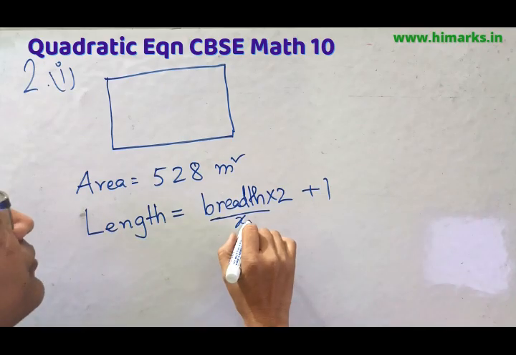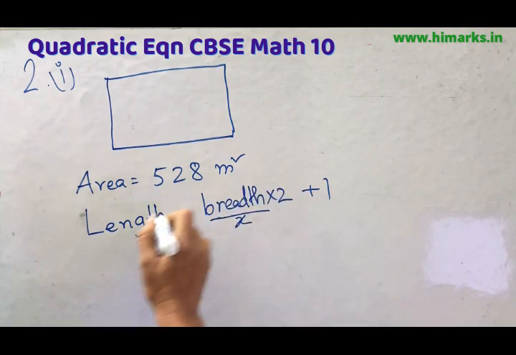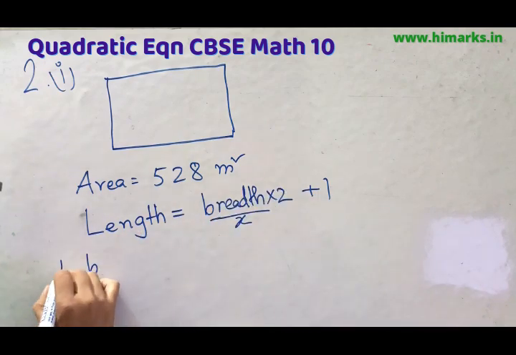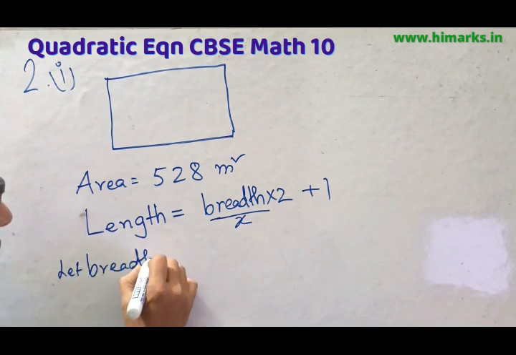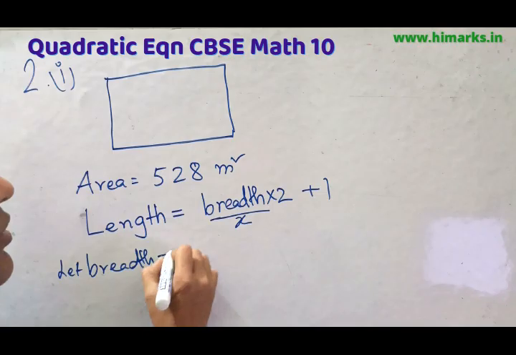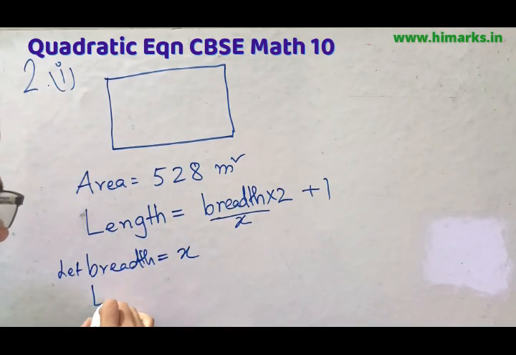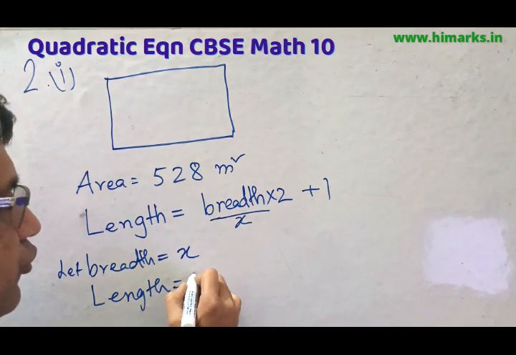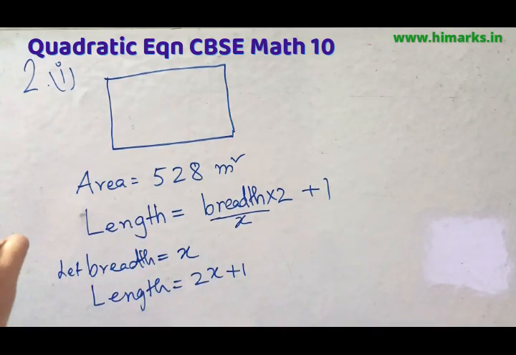So that means what we are proposing here is, let breadth equal to x. So now length will be 2 into x plus 1. Okay, this is clear.